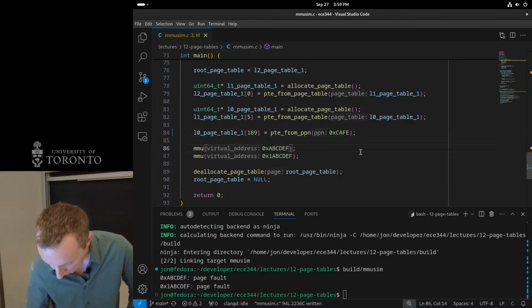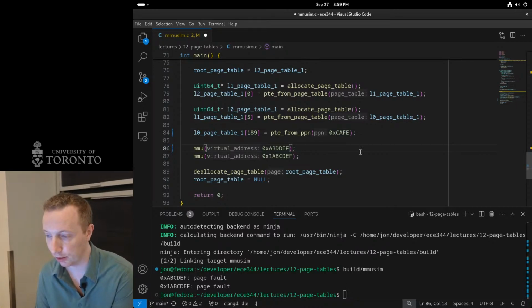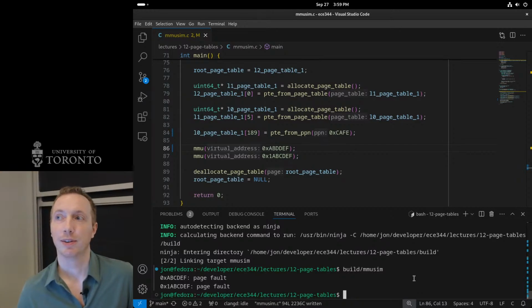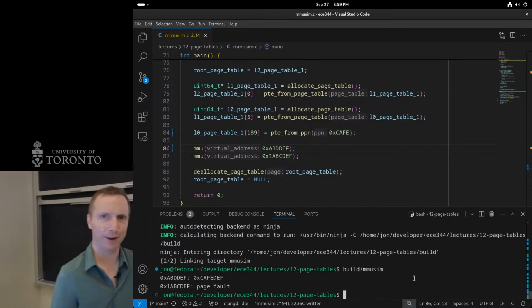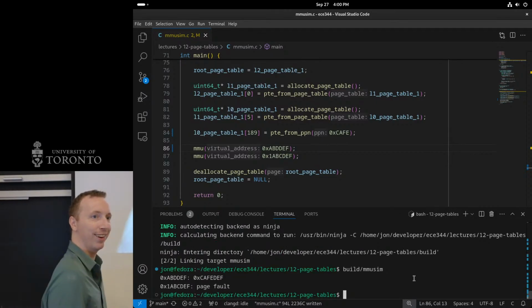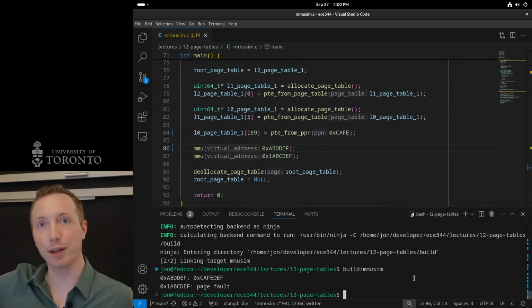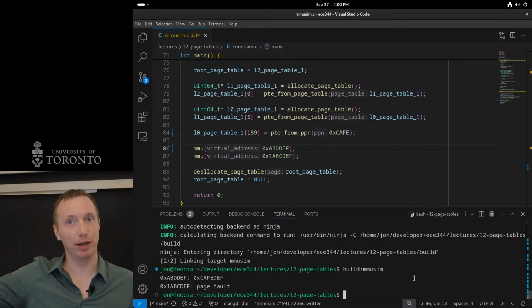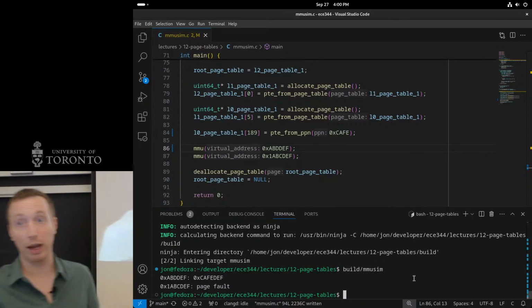If I change the C to a D, will this translate now? Of course it will. Because if I just add 1 to it, and the old index was 188, then it goes to 189, which is what I set, so I would translate that page. All right.